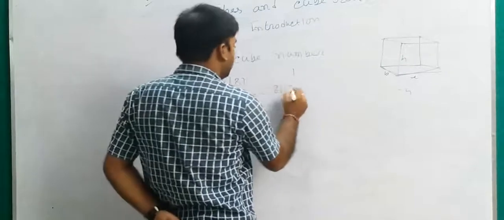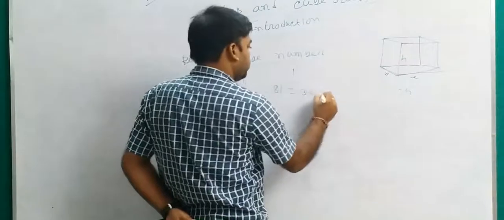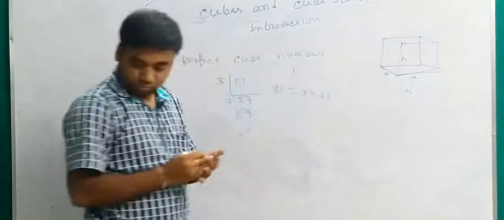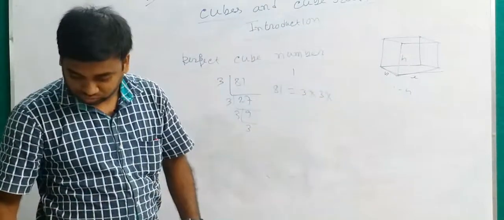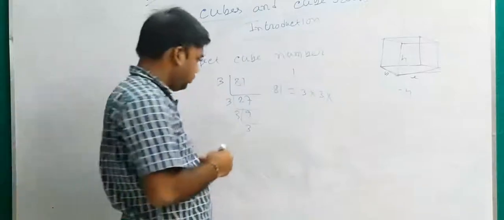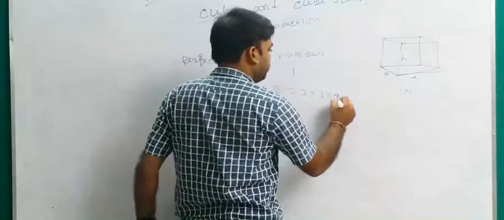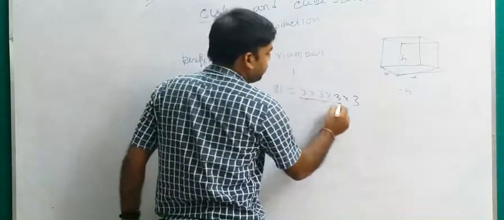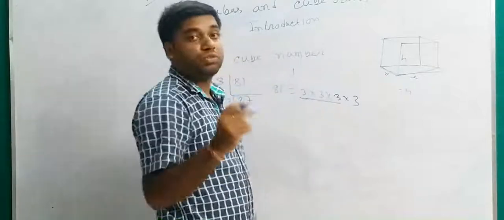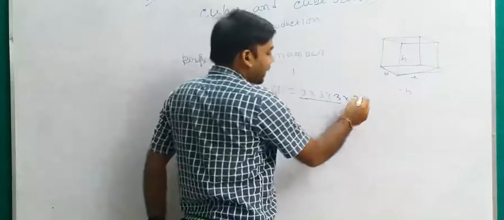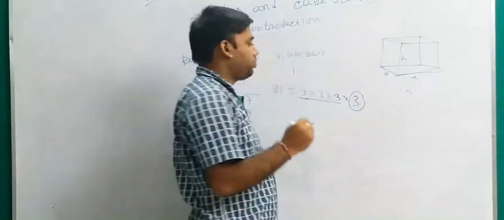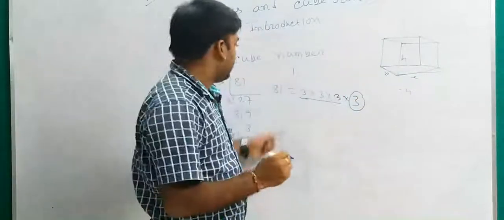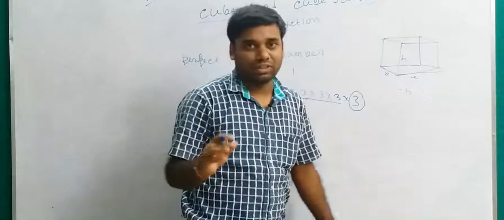So 81 equals 3 into 3 into 3 into 3. So it is not the product of three 3's; four 3's are here. That extra 3 is the disturbance. That's why 81 is not a perfect cube number.